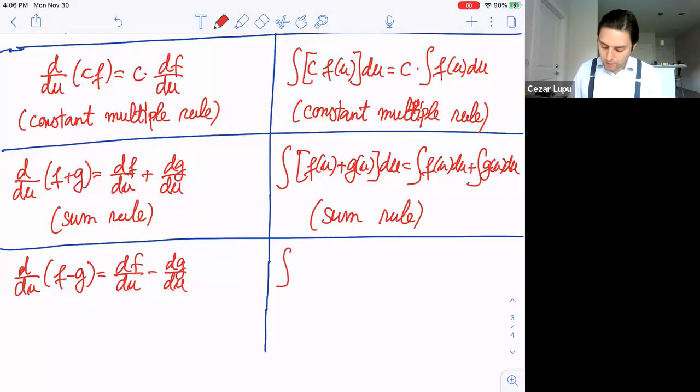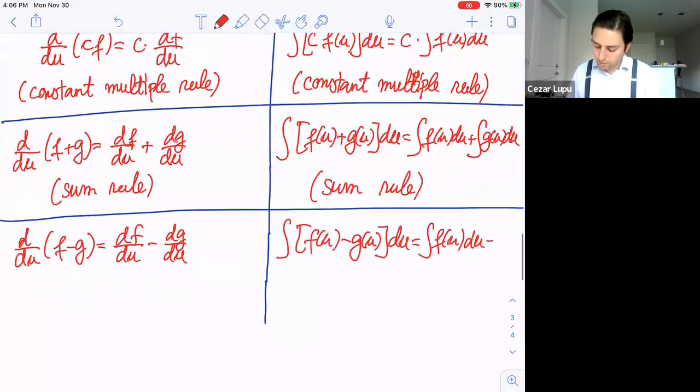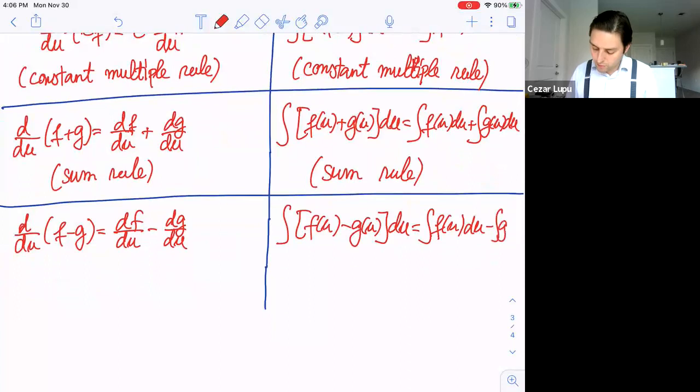And the same goes for the integral. So it's the integral of f of u minus g of u du is the same as the integral of f of u du minus the integral of g of u du. And we will call this the difference rule.